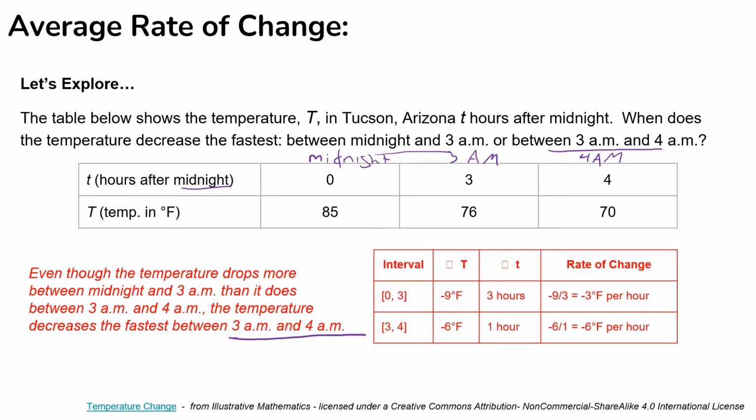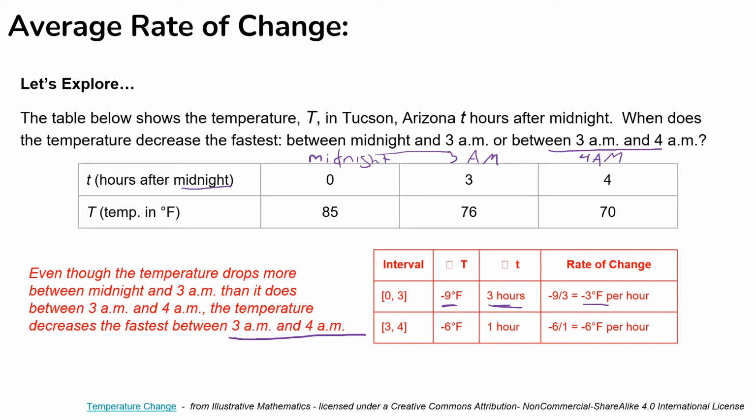So if you notice here, in our interval from 0 to 3, the temperature drops 9 degrees, but our rate of change is -9 divided by 3, which is an average rate of -3 degrees per hour. So again, rate of change is kind of like finding the slope. It dropped 3 degrees every hour here.